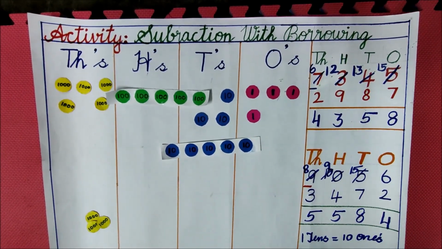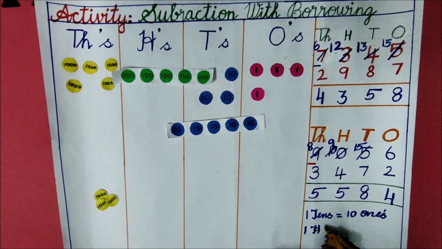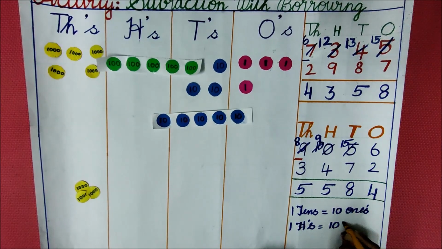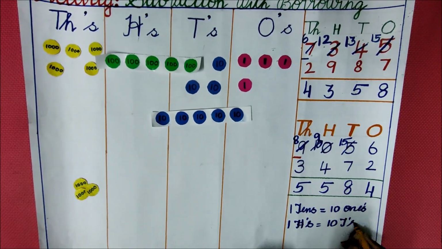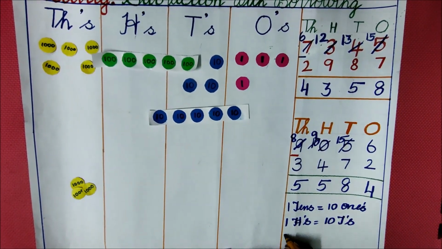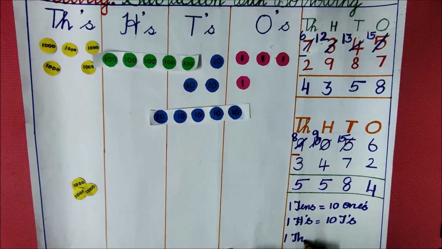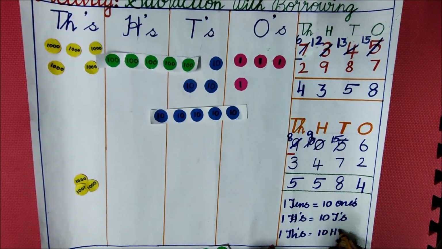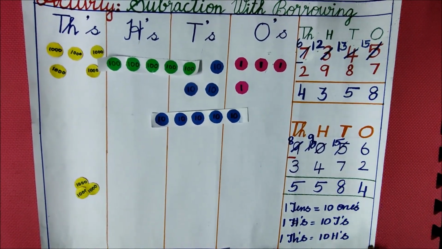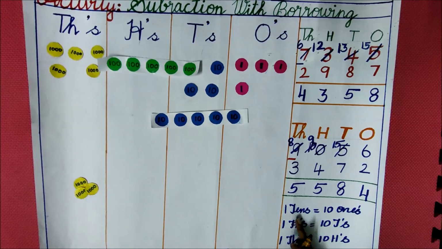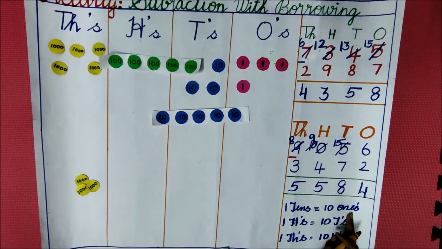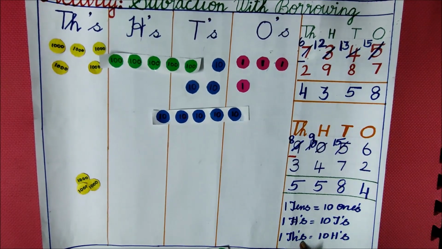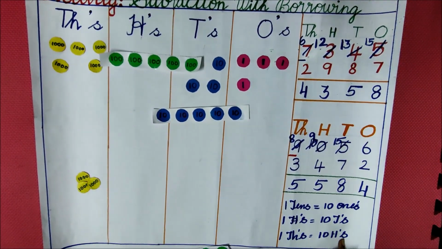Okay, 100 is equal to 10 tens. Next, 1000 is equal to 10 hundreds. Okay, children, this point you have to keep it in mind. 1 tens is equal to 10 ones. 100 is equal to 10 tens. 1000 is equal to 10 hundreds.